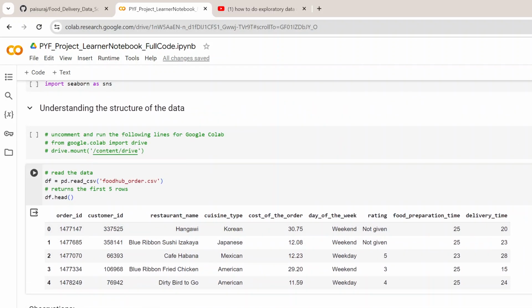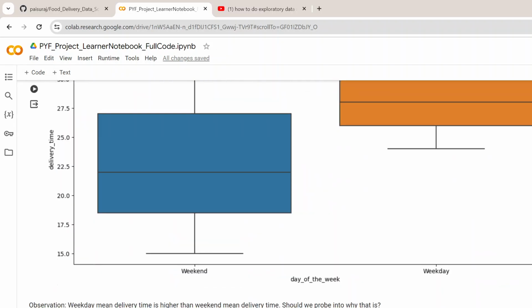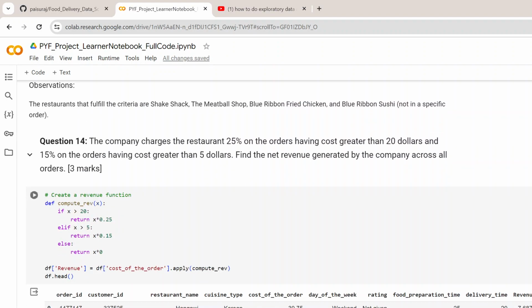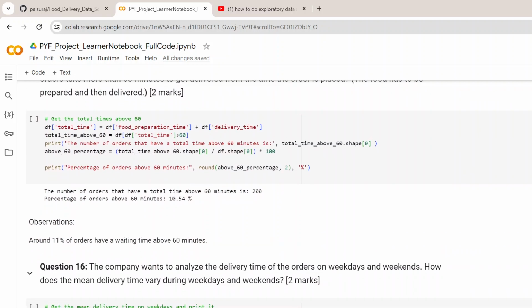You can always do restaurant name with cuisine type, restaurant name with cost of order, and so on. It can lead to a lot of analysis, but again, it could lead to some patterns. So I'll just scroll all the way down. I believe I had to generate some business insights.